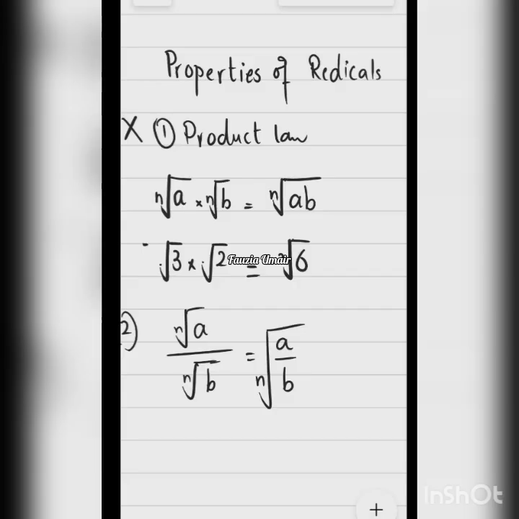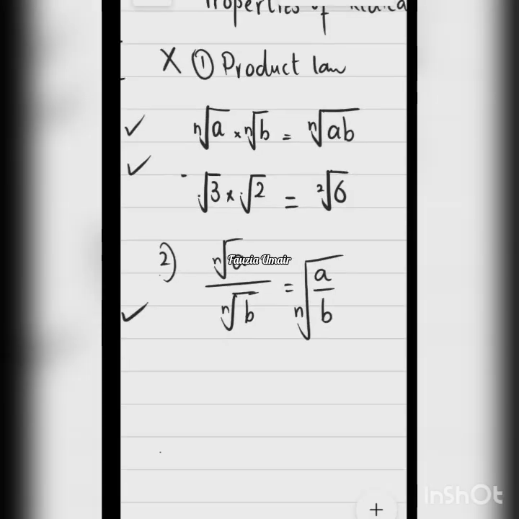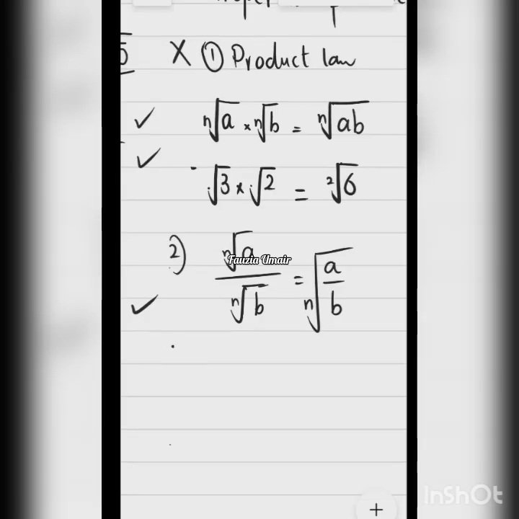So now comes the third law, that is a very obvious law, power of radical. This makes sense also. I have used it earlier also, you may have noticed it. This law says if a raised to power m has a radical with the index n, we can take this m outside also.